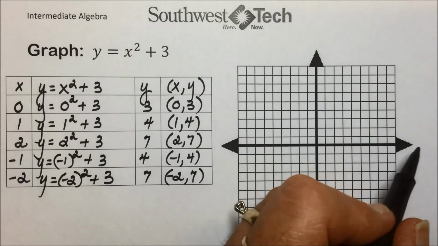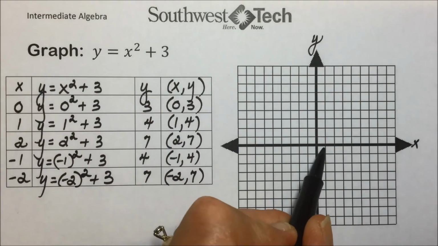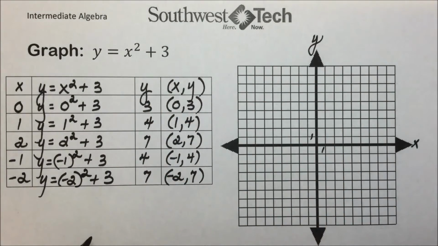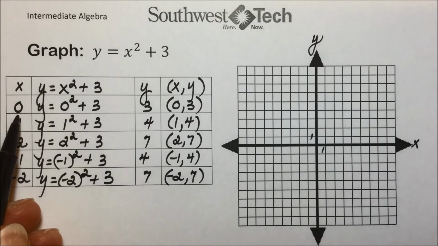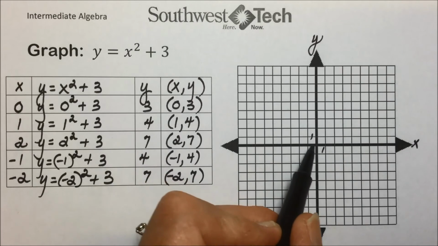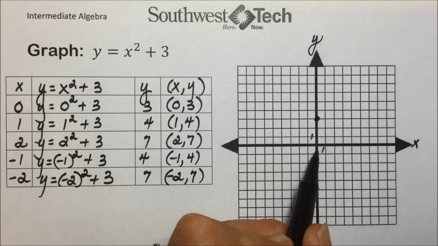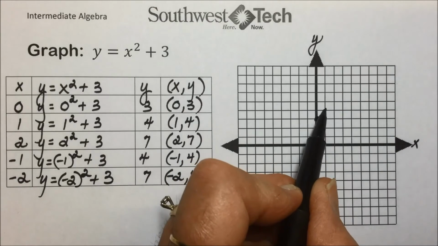Plotting these points, again, we'll use the horizontal axis as x, vertical as y, going by a scale of 1 in both directions. Seems like that will be a fit for the points that we need to graph. 0, 3 is landing on the y-axis with no displacement in the x. Up 3, we had a point of 1, 4.